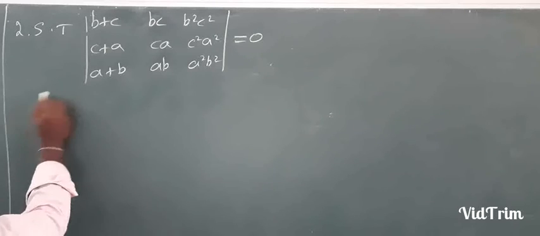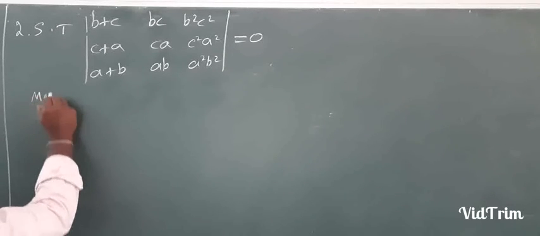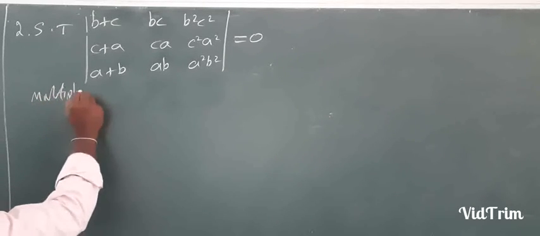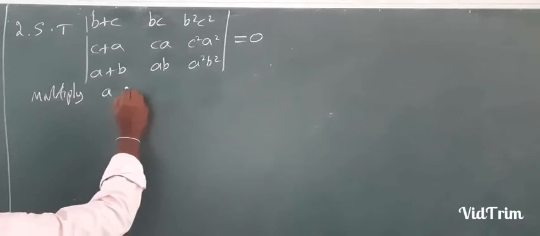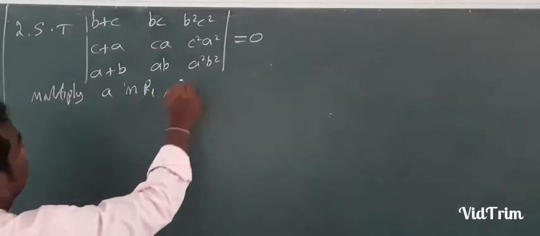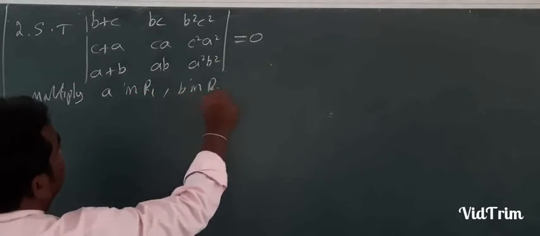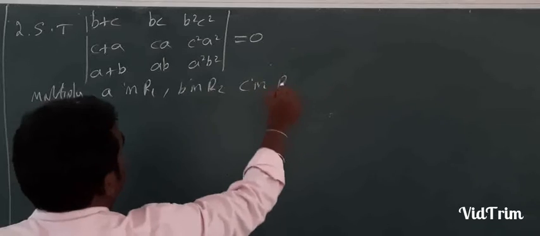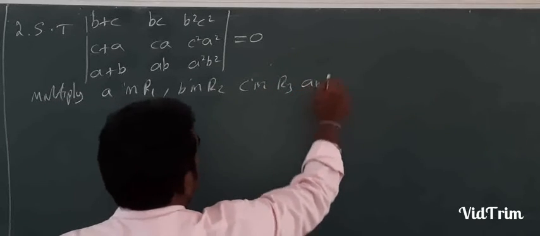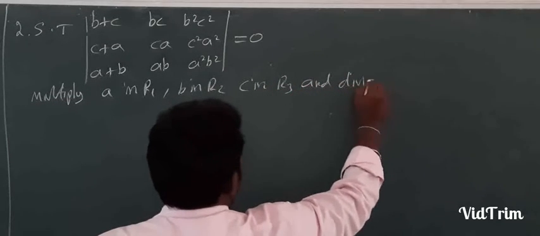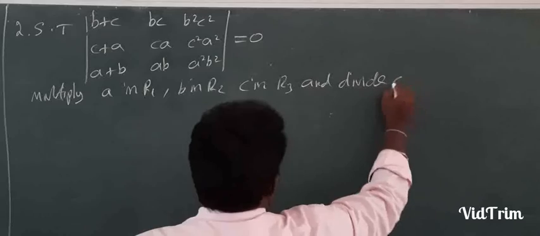So you write, multiplying a in R1, b in R2, c in R3, and divide also.